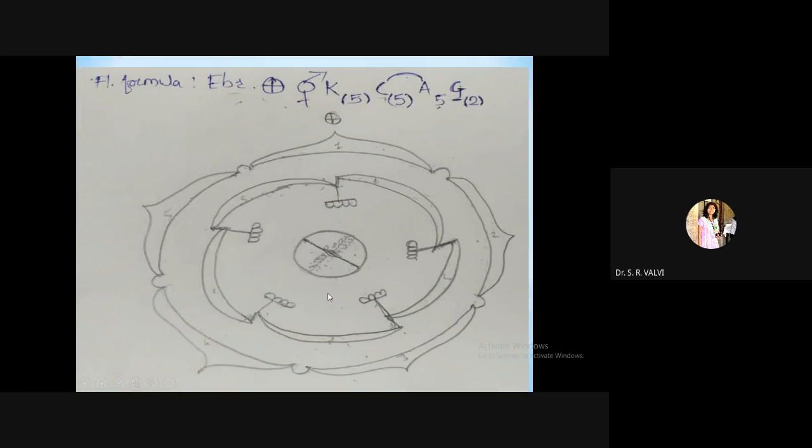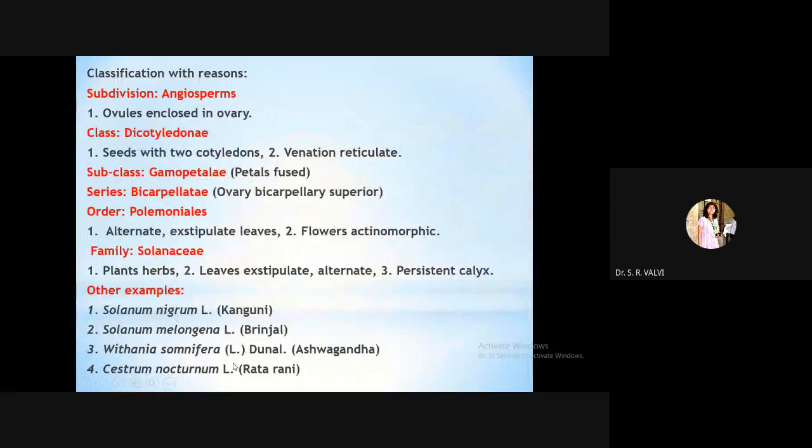I think I have explained all the terms very carefully, so that I'm sure each one of you understood each term with its meaning. Even if you have any doubts regarding this family, please do mail me and please do ask me.